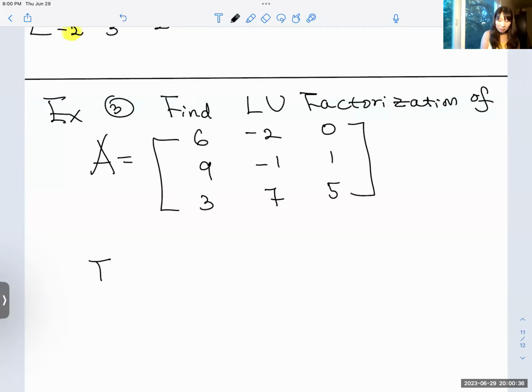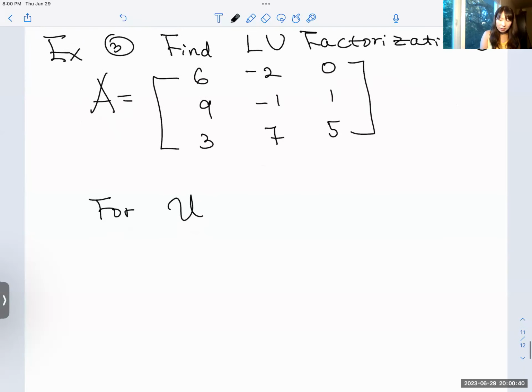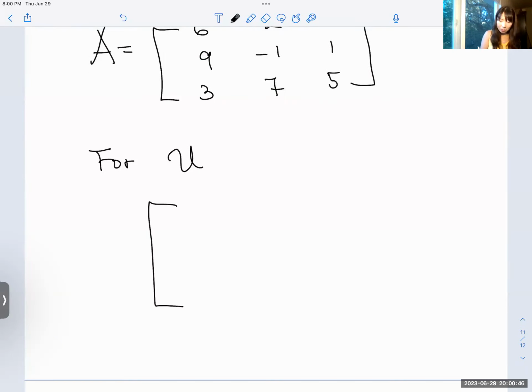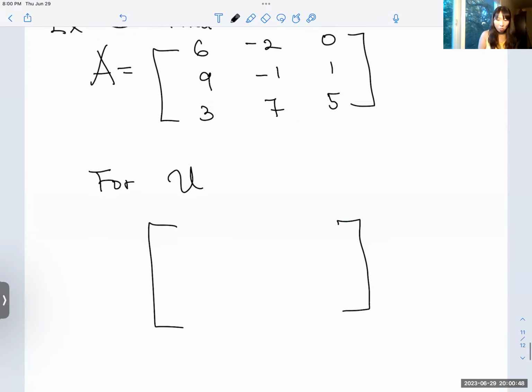Okay, for U, right? So we are making 0, 0, 0. So we want to make a 0 here.